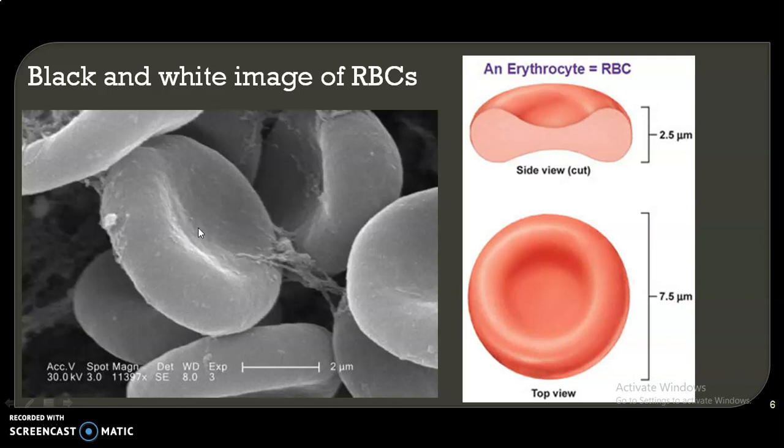See how the surface of the red blood cell is curved inwards. The same shape is shown in color in this image, which is next to the black and white image.